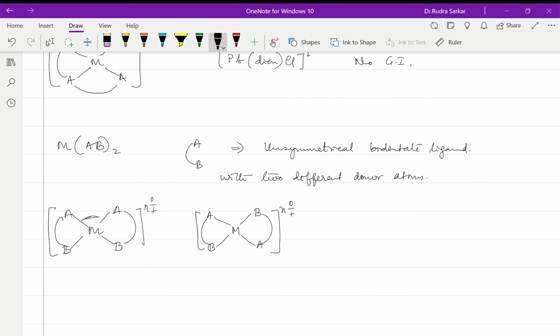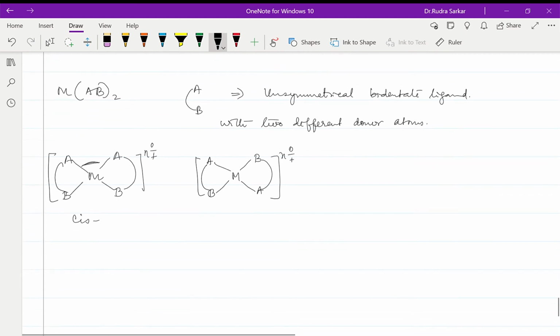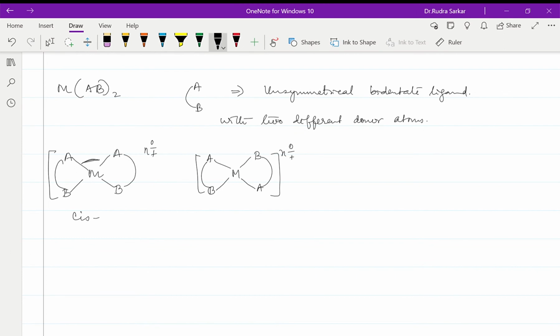Whenever we have an angle of 90° between AMA, following the previous MA2B2 type of complexes, we will say this one is cis and the next one is the trans complex.